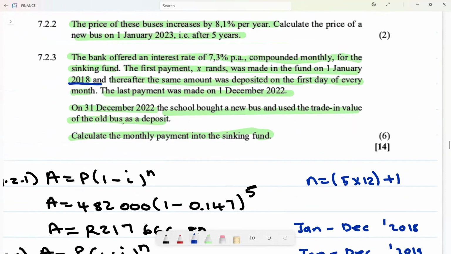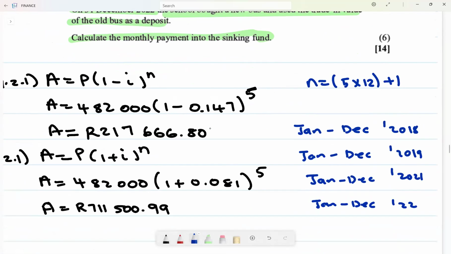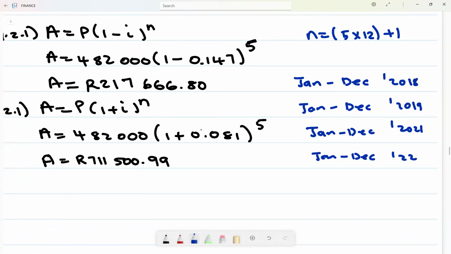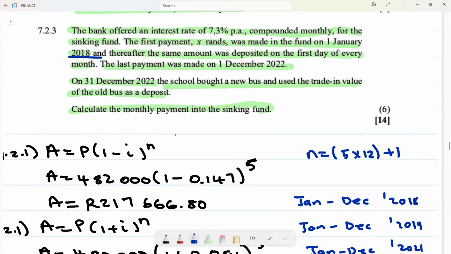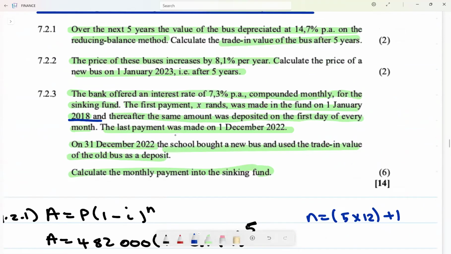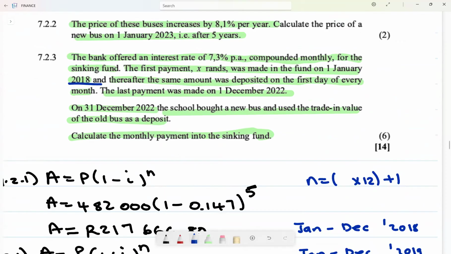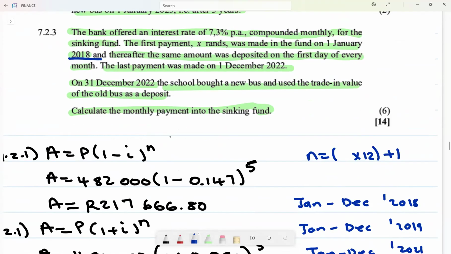And then they told me 31st December 2022. Let me see. Is it 4 years? No, it's not 5 years, basically. Oh, okay. So it's supposed to be 4 years from 2018 to 2022.